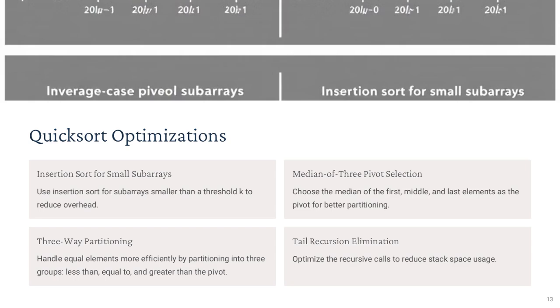This improves partitioning balance and reduces the likelihood of encountering worst-case scenarios. Additional optimizations include three-way partitioning, which efficiently handles arrays with many duplicate elements, and tail recursion elimination, which reduces stack space usage. These refinements make Quicksort even more adaptable and effective in real-world applications.